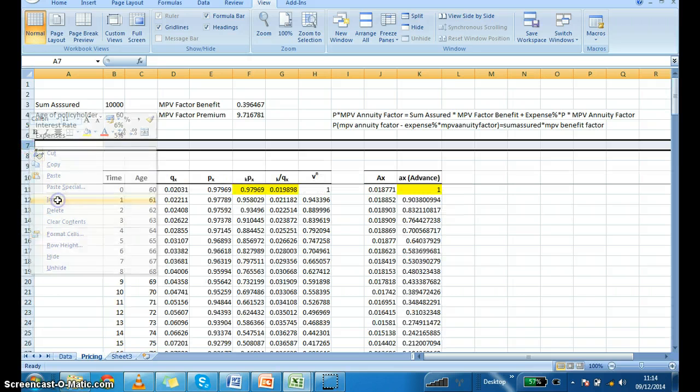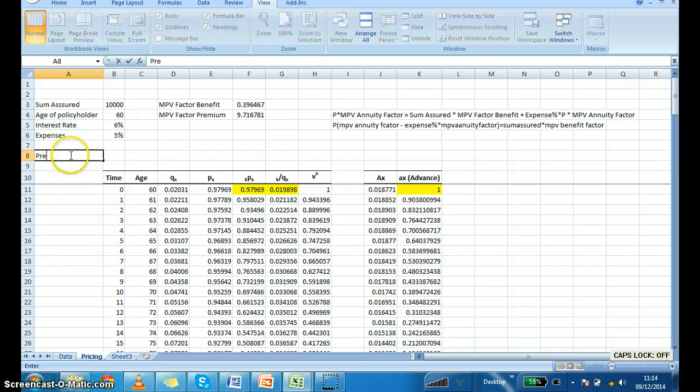So we can just introduce a new row here and say annual premium. According to this equation, it's the sum assured, which is that, multiplied by the MPV benefit factor, which is that. Then you can neatly put this into a bracket and divide by the MPV annuity factor minus percent of expense times the MPV annuity factor of the premium.